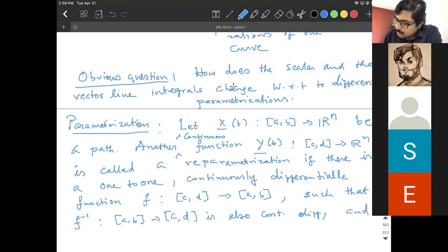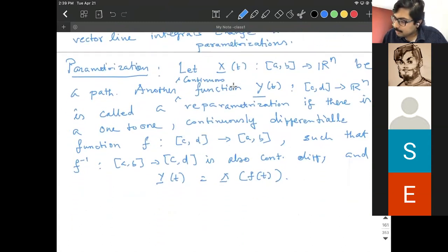And you can write y(t) as a composition. So y(t) should be written as x(f(t)). Okay, so then we call y(t) a reparametrization of the path x(t).